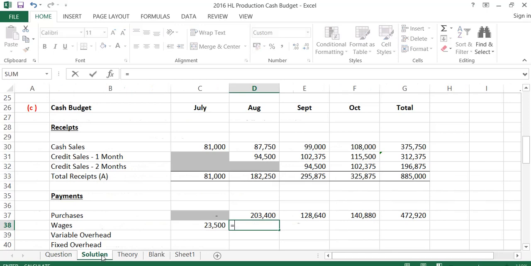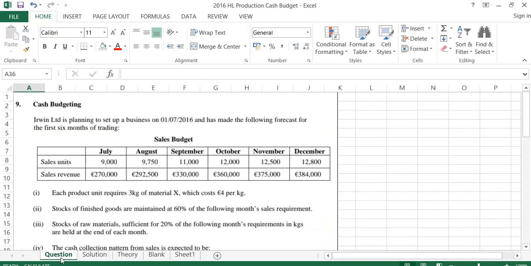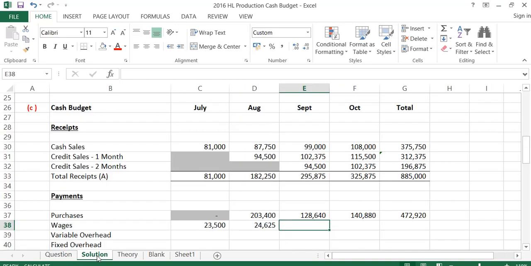In August, my total sales are 292,500. So it's going to be 292,500 by 5%, and then plus 10,000. September sales are 330,000, so it's going to be 330,000 by 5% plus 10,000.